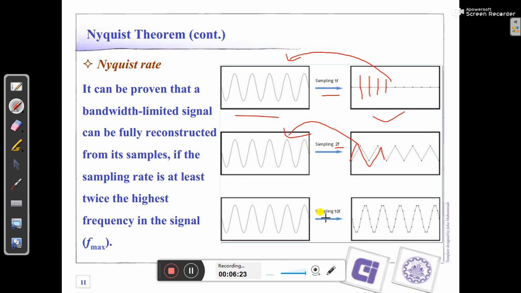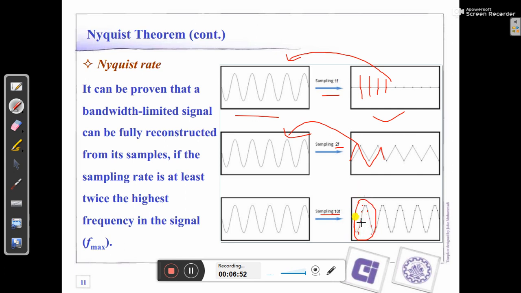But you can also go for more than twice. If you sample at 10 f, means within one frequency cycle there are 10 samples, suppose 1 2 3 4 5 6 7 8 9 10. So there are 10 samples in that one sinusoidal wave.